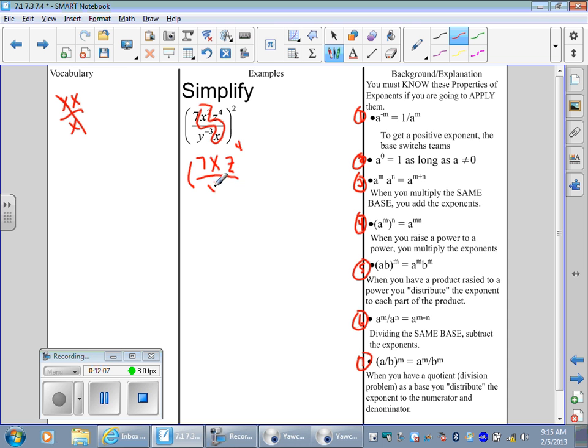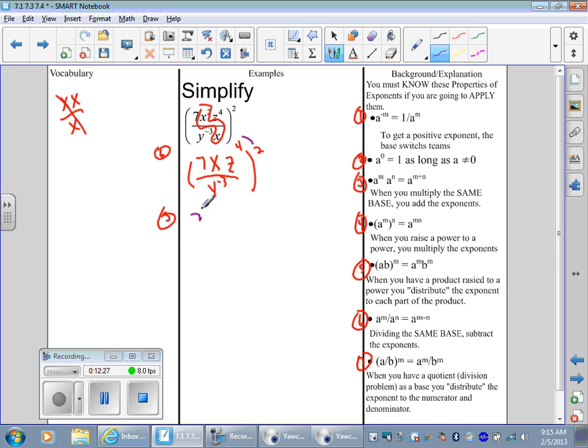Now here, I still have y to the negative 3. The x I've already taken care of, and I have it squared. So, I took care of property 6. All right, I just applied property 6 there. Now I can come back, and maybe I'll apply property 5 now, which means I'm going to give that 2 to everybody.